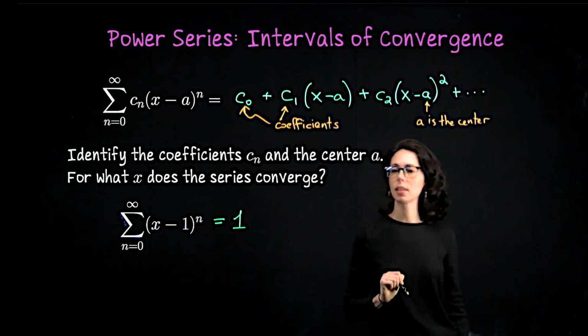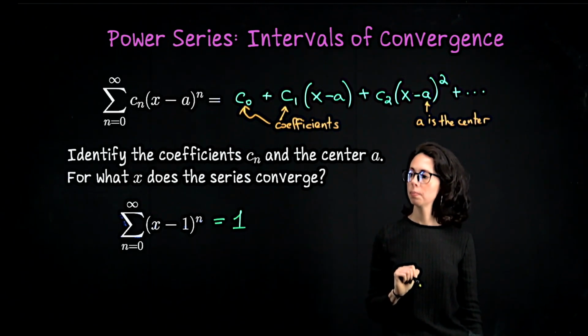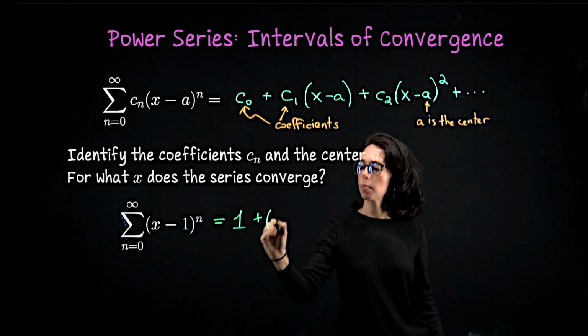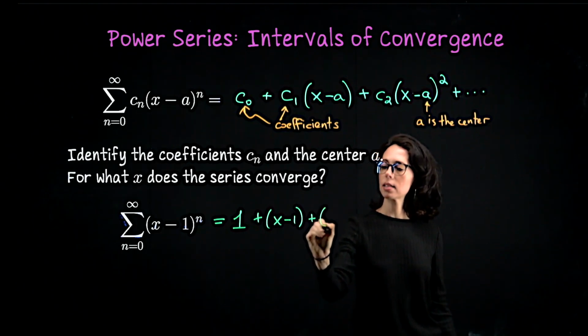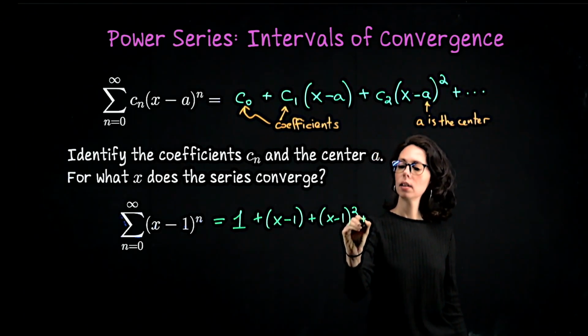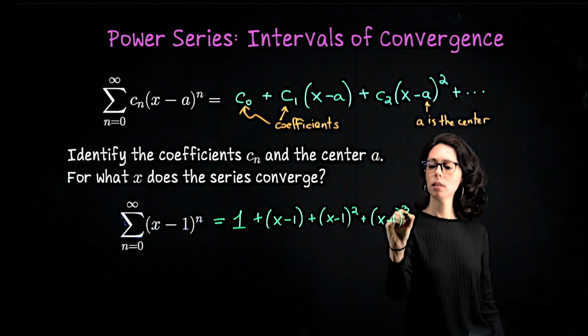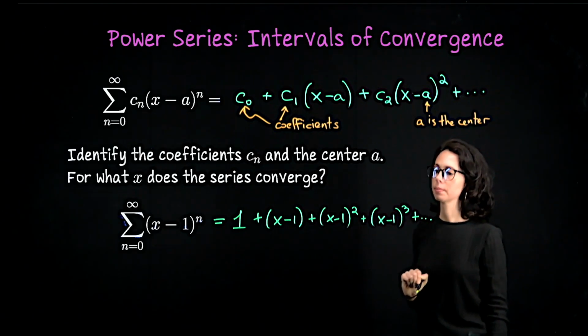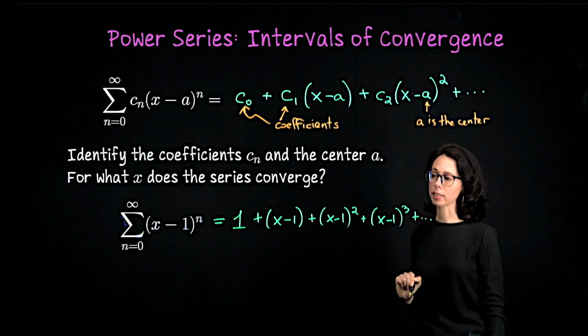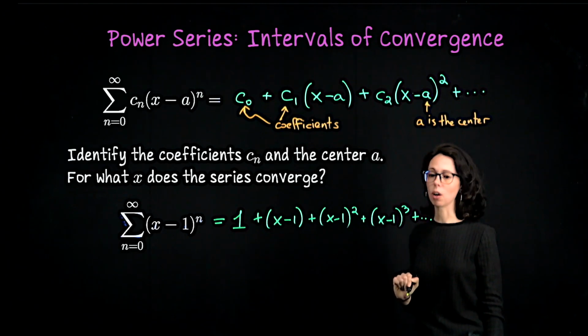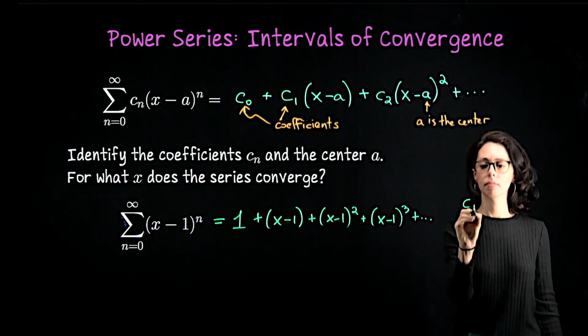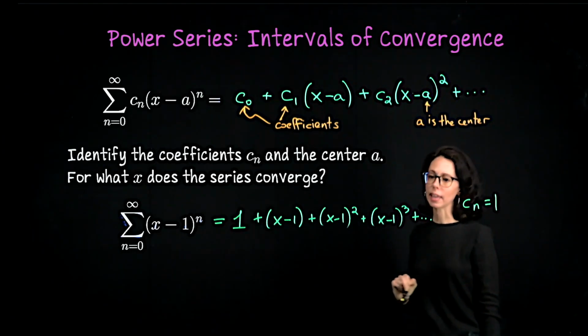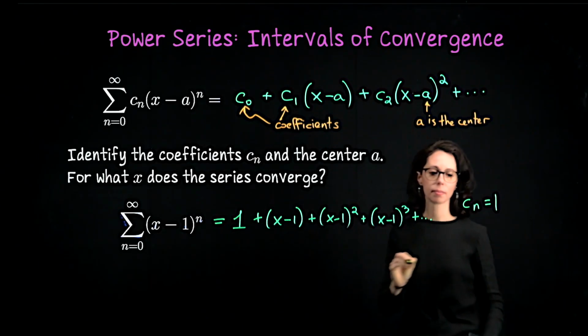So 1 times x minus 1 to the 0, plus x minus 1, plus x minus 1 squared, plus x minus 1 cubed, like that. In this particular example, the coefficients are all 1. And the center is the number 1.